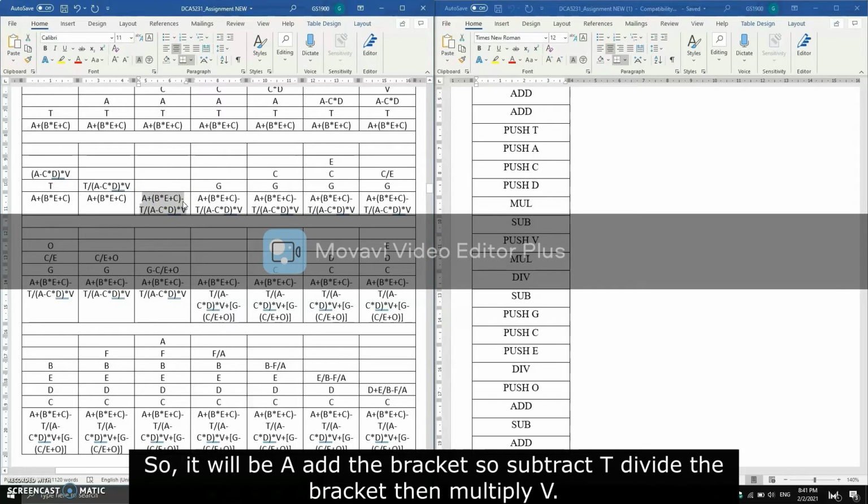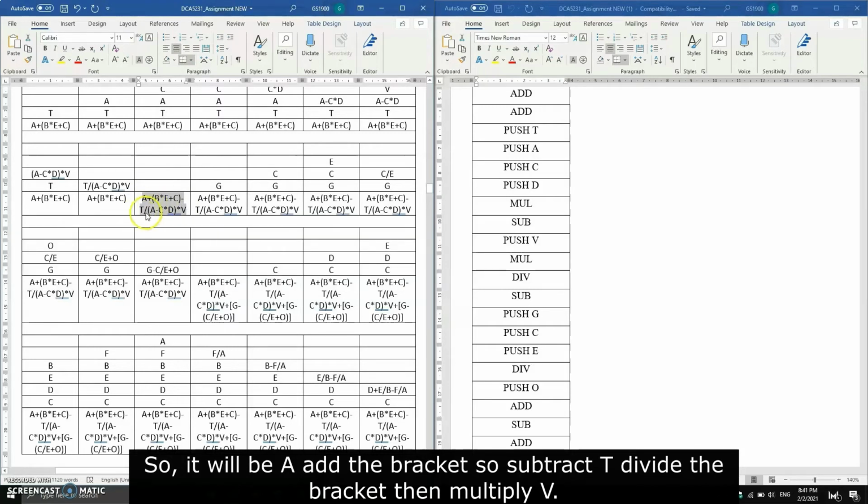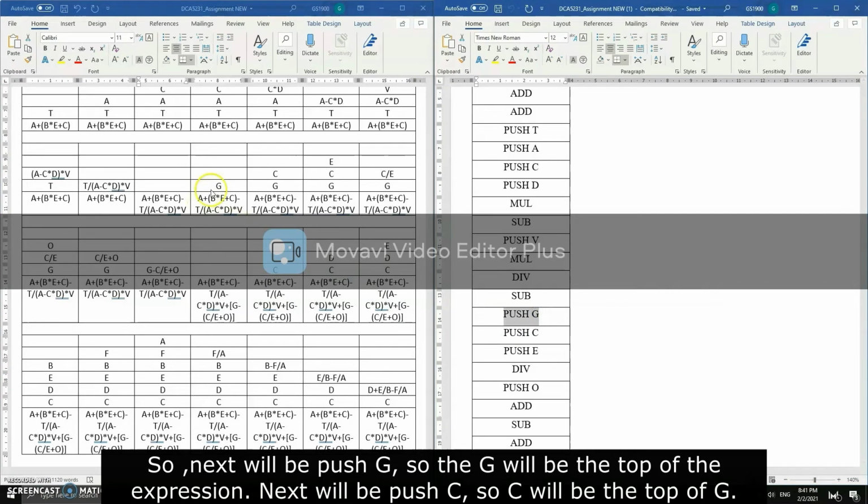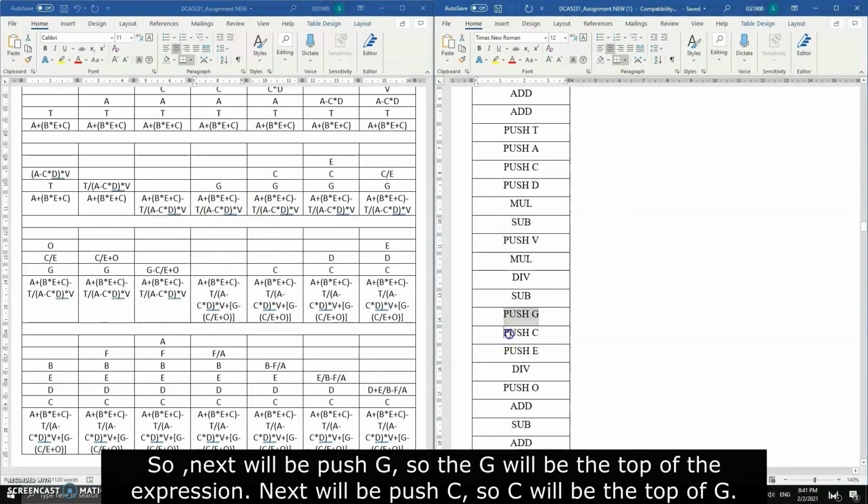So subtract T divide the bracket, then multiply V. So next will be push G. So the G will be the top of the expression. Next will be push C. So C will be on the top of G.